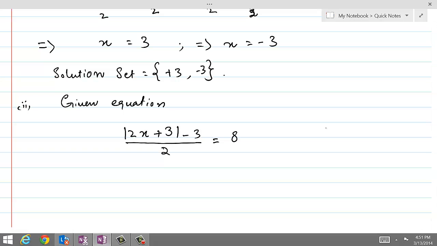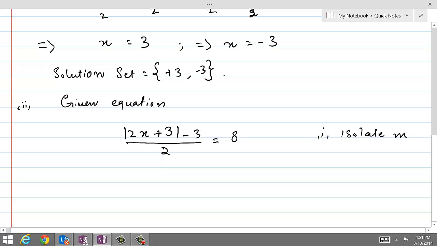So our strategy would be: first, isolate the mod. Second, break the given mod into two, positive and negative. And third, find the solution.